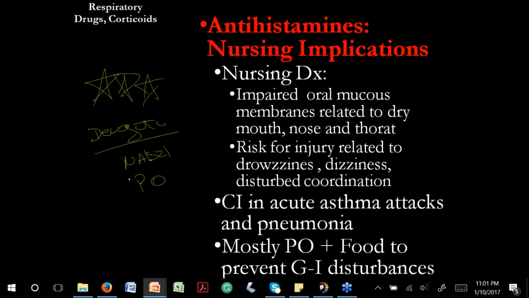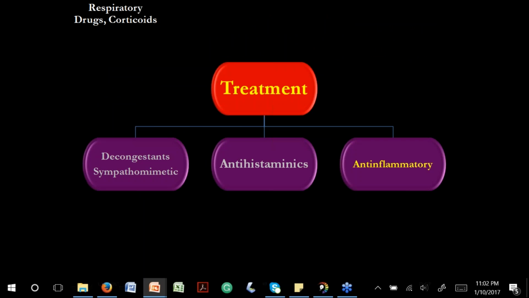All right, which one is the one that produces more rebound effect? The nasal, very good, the nasal spray. So PO does not have that rebound effect. So just keep that in consideration, okay? All right, so let's keep going.